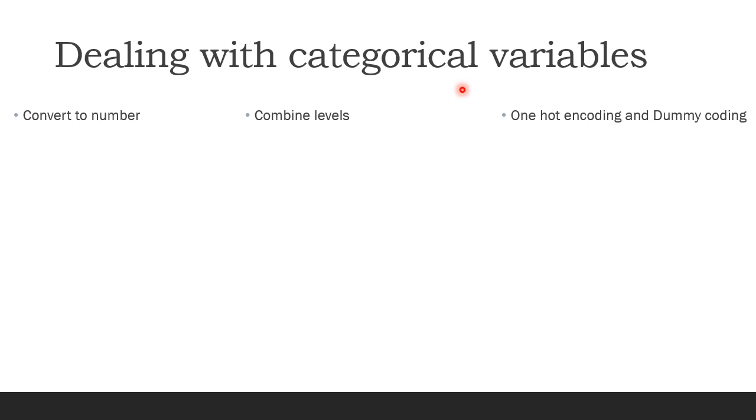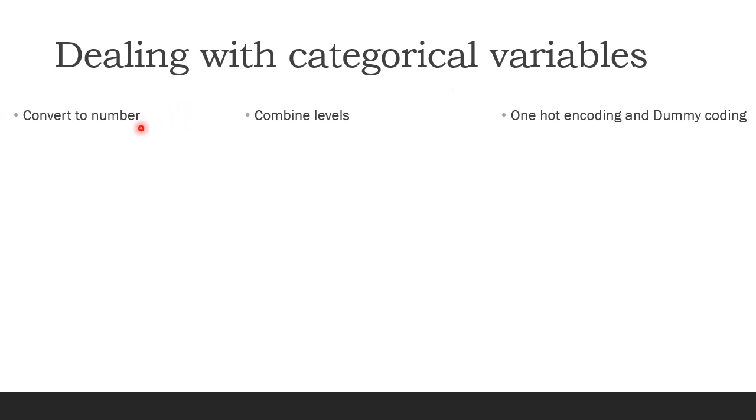Variables could be of two types. They could be continuous or categorical. Categorical variables have distinct values. They could vary between two, three values, or five, six values, or a certain set of values which are defined in nature. These are discrete values. So how do we deal with those categorical variables? This is a part of feature engineering specifically for categorical variables.